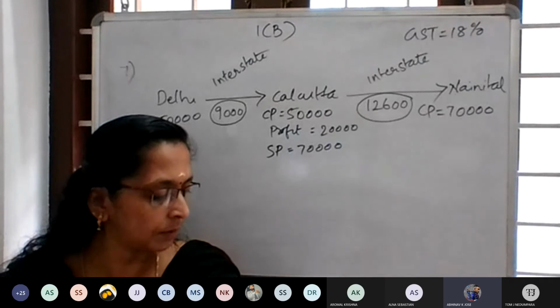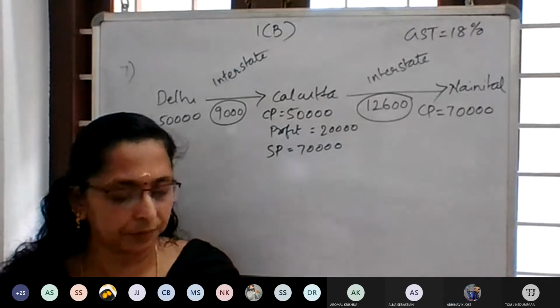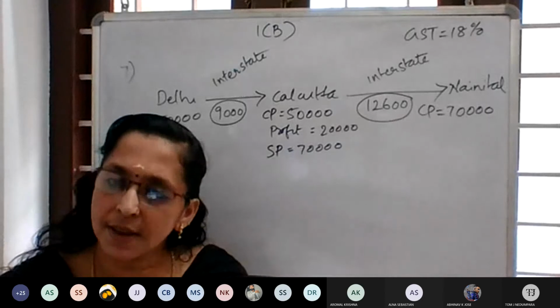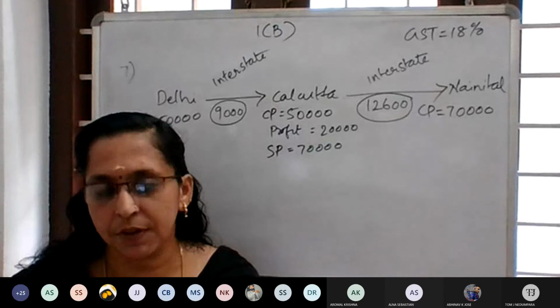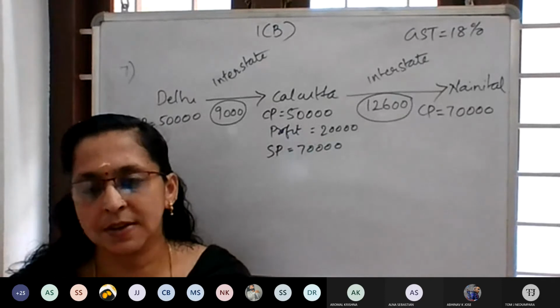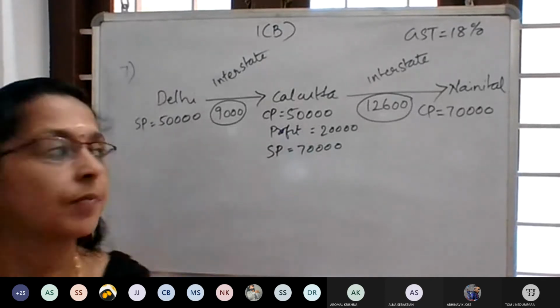Read the question properly. Otherwise, we are considering this as an end user because the transaction is not going on. In all the questions we are doing it that way. The end user concept we are taking. Got it?